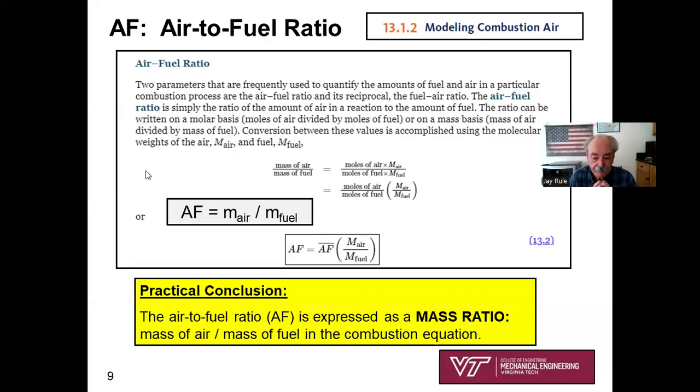So the air to fuel ratio is not exactly dimensionless. It is the kilograms of air for each kilogram of fuel. So get in your head, not necessarily a formula: air to fuel ratio is a mass ratio. And you're going to be asked to determine that in a number of your homework problems.